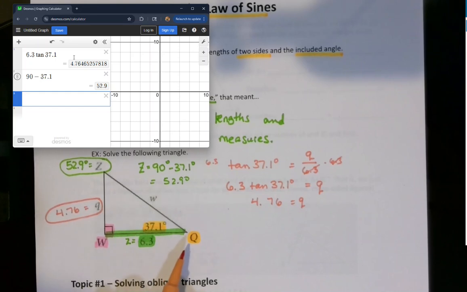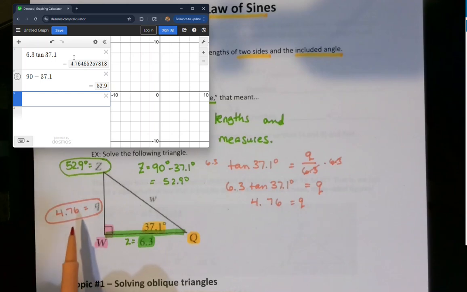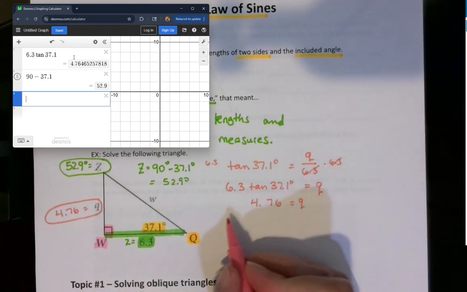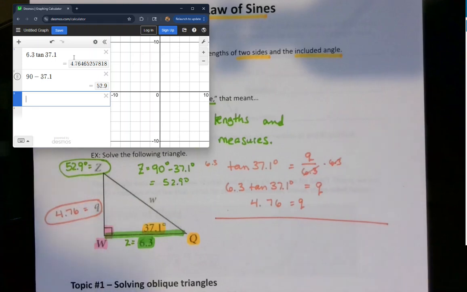I'm going to go ahead, though, and use the cosine of the angle Q, just because this side q here has been rounded, so I'm going to have a more precise solution if I don't work from a rounded value. Your choice, though. If you had done the Pythagorean theorem, that would have been absolutely fine. I'm just going to take a different path here.